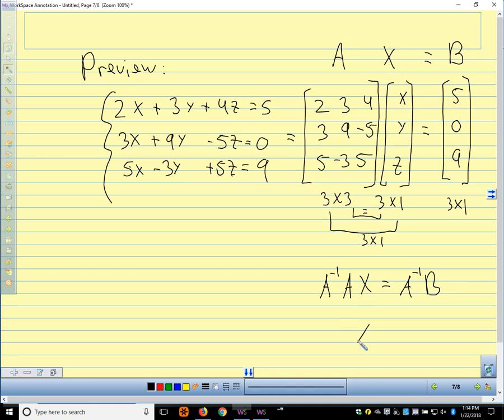And we get X equals A inverse times B. So we're going to find the inverse of matrix A and multiply that times matrix B, and that will give us our matrix that has our X, our Y, and our Z as our answers in there.